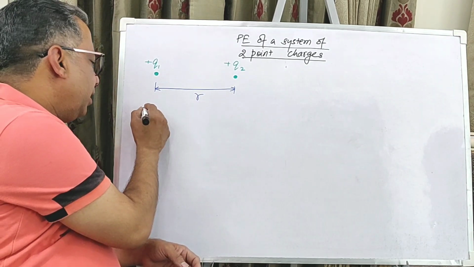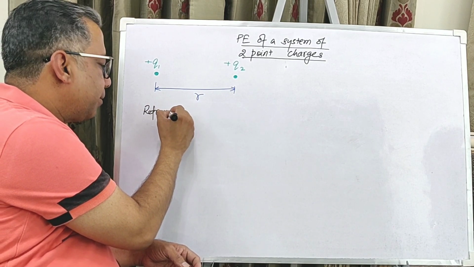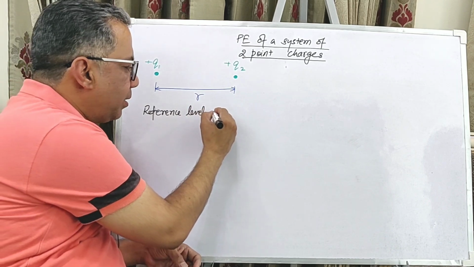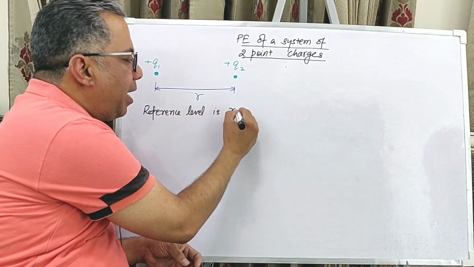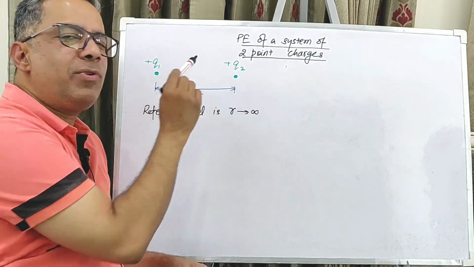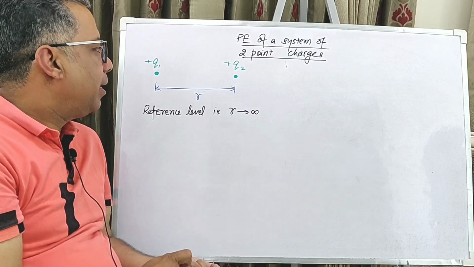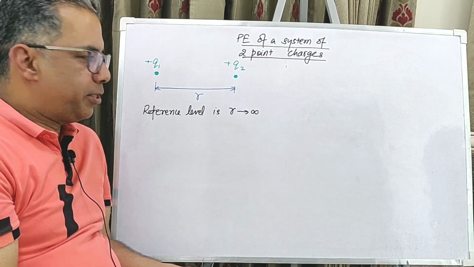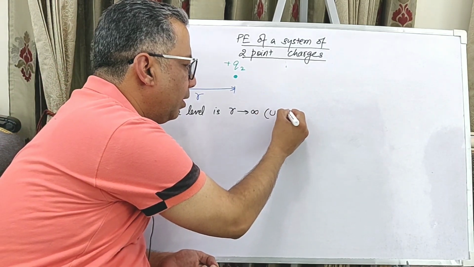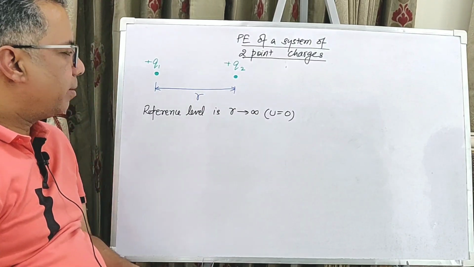So here we assume that the reference level is R tends to infinity. That is, when the distance between the two charged objects is infinity, then the potential energy is 0. This is the assumption we make to start with.